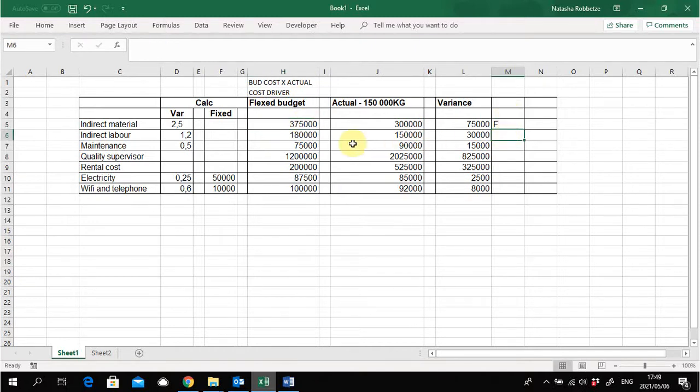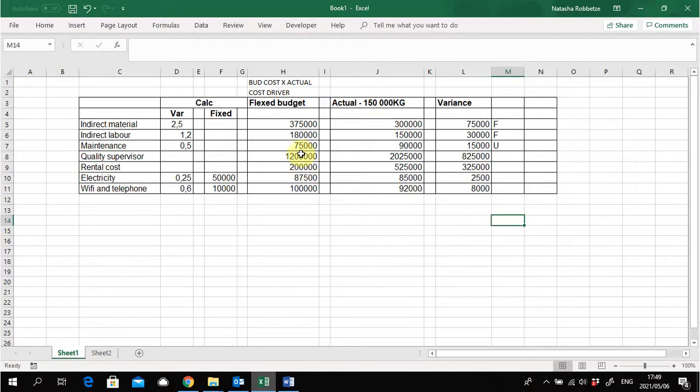If I look at the indirect labor, I was allowed to spend 180,000. I actually spent 150,000, so I saved 30,000 Rand. If I look at my maintenance, I was allowed to spend 75,000, but I spent 90,000 in actuality, so I overspent by 15,000, which makes it unfavorable.